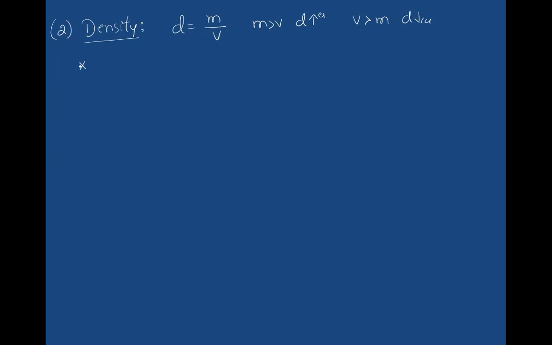As we move down the group with respect to group 1 and group 2, atomic number increases, which indicates that mass predominates over volume, therefore density increases.